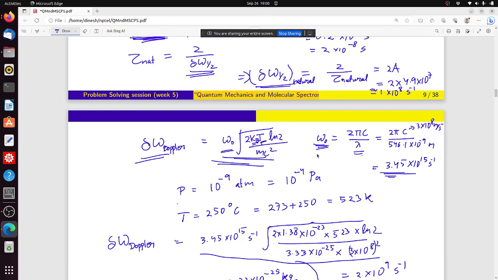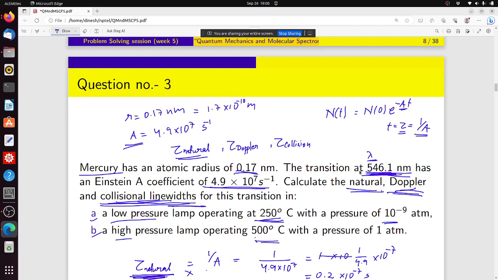This transition line is given, that means lambda is given in the question here. So from this I can calculate the angular frequency.